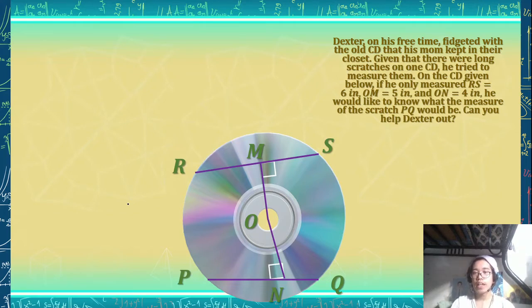So we have here Dexter, who on his free time fidgeted with the old CD that his mom kept in their closet. Given that they were looking for scratches on the CD, he tried to measure them. On the CD given below, he only measured RS, which is equal to 6 inches, and the measurement of OM is equal to 5 inches.